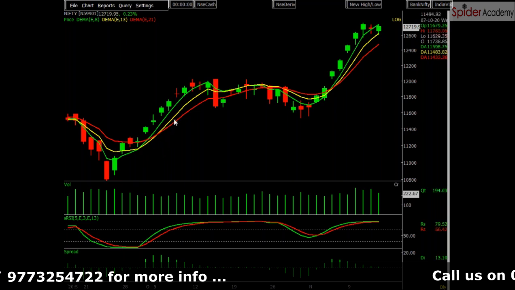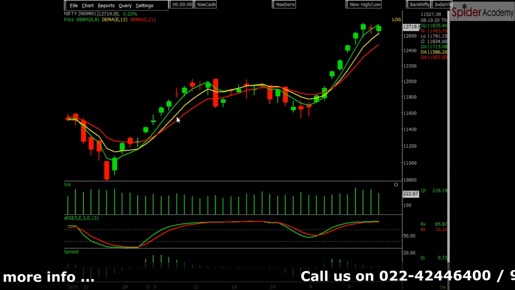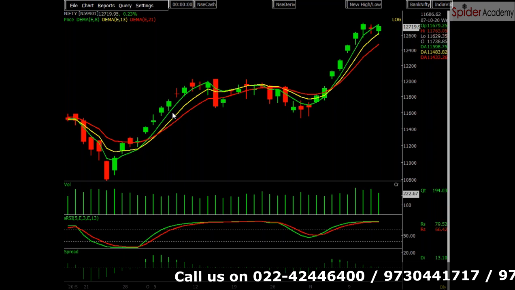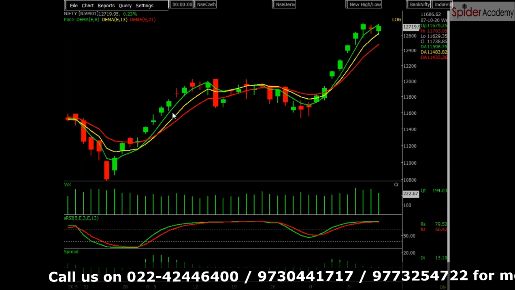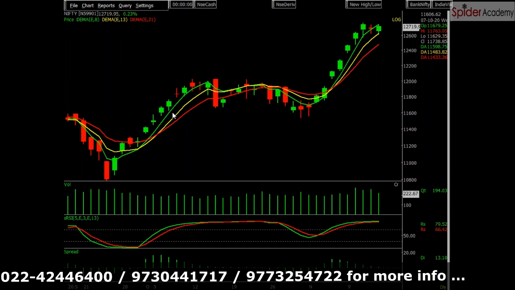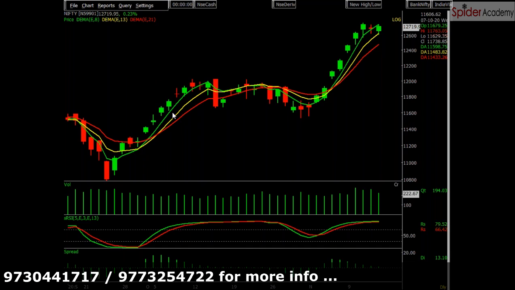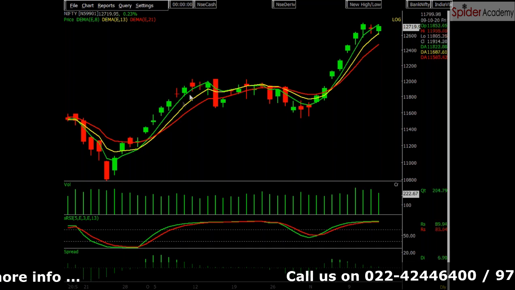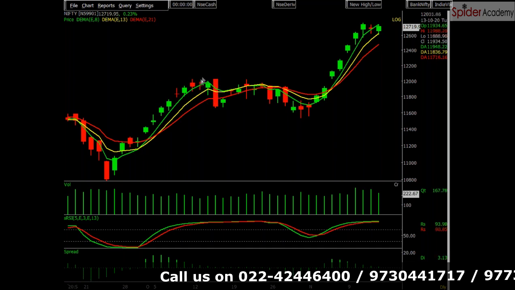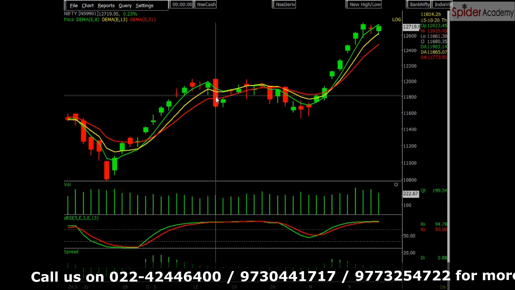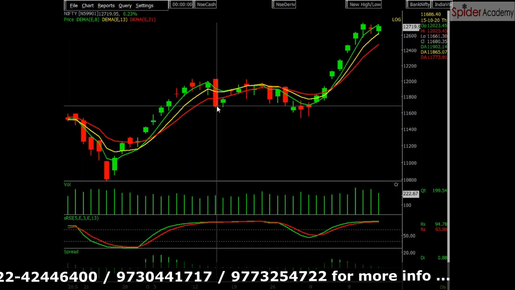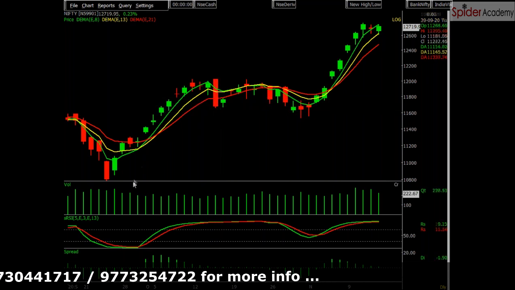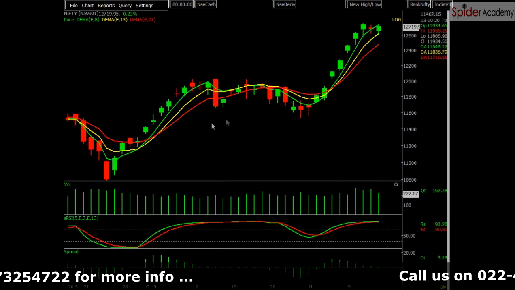If you can see these three lines, if these three lines are increasing their gaps, you can stay on it. When they start turning down or compressing, at this level you can make your exit. So at any point, these are the three ways you can exit.